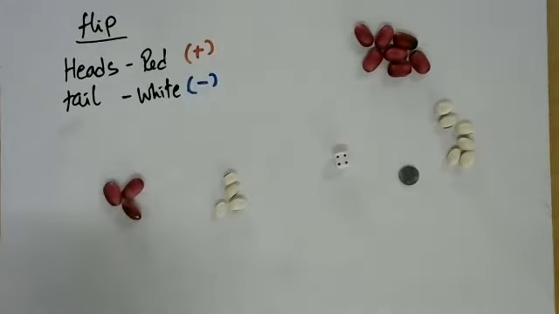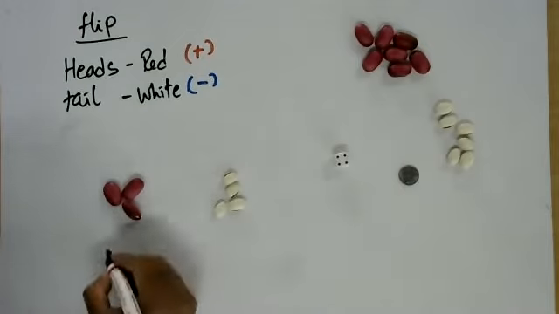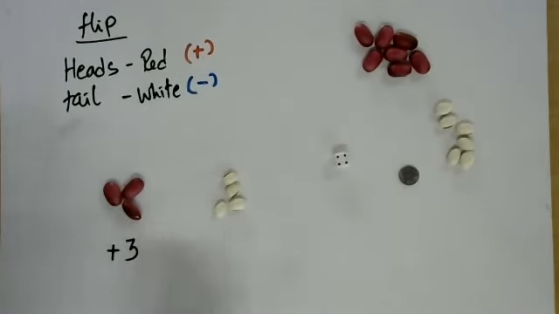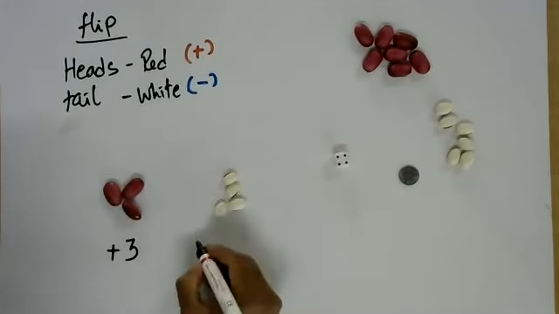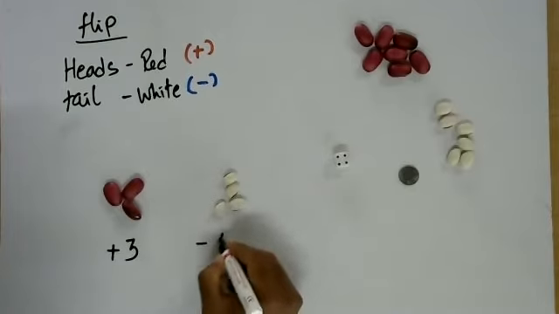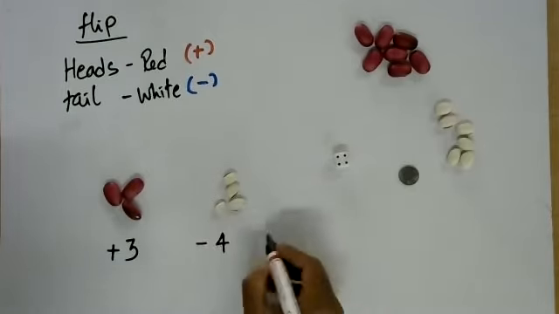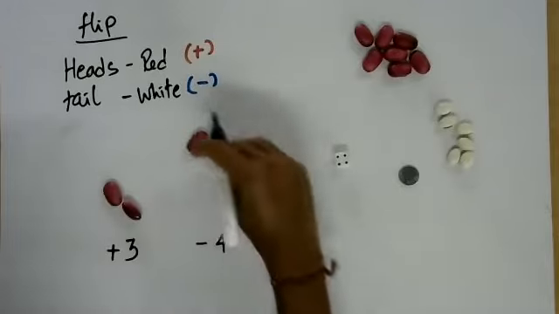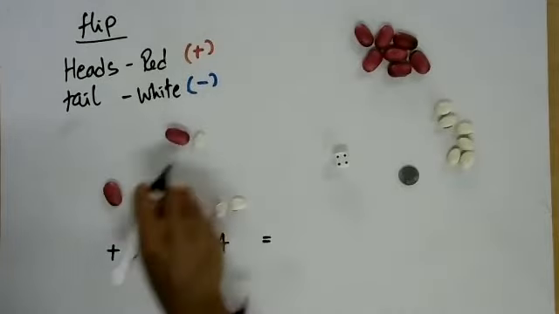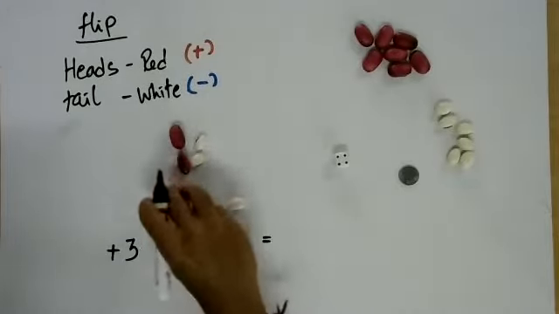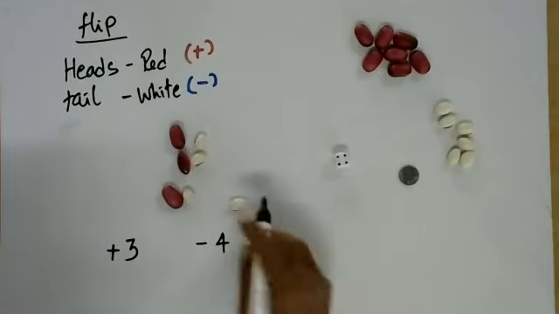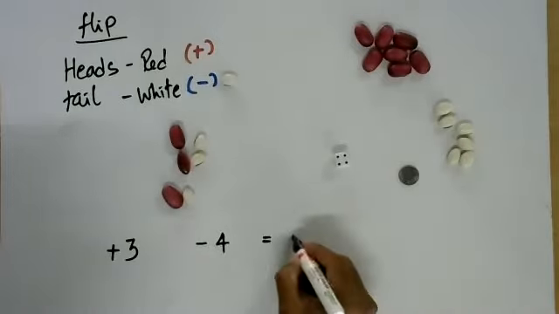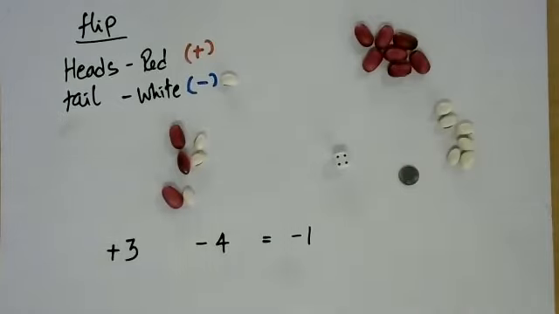Okay, so now what you can do is you can write this as +3, okay, and you can write this as -4, right? So what is the result of that if you pair it out? -1. So you get -1, right? So you can write this as -1. Only this time we need to write it in this way. Is that clear?